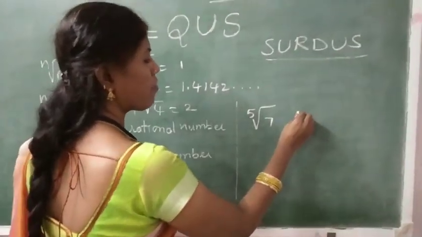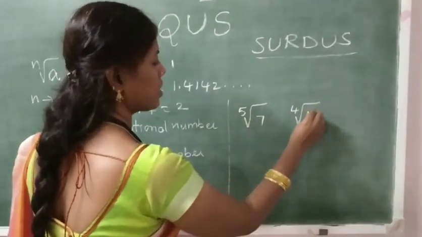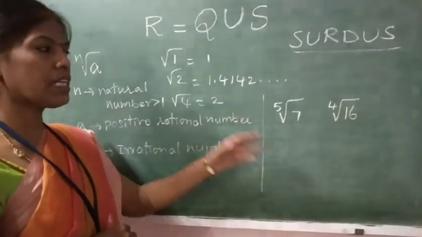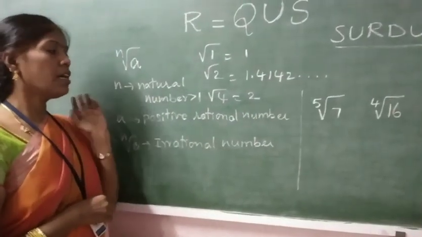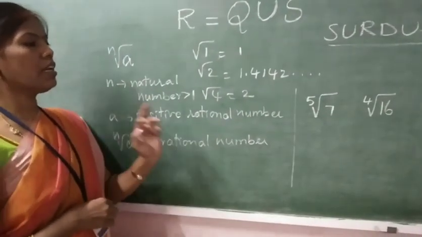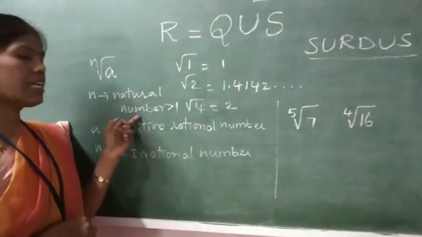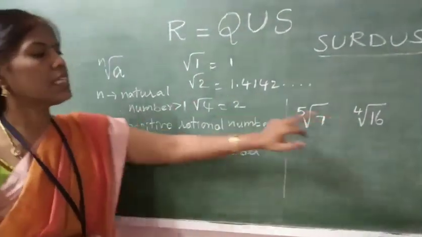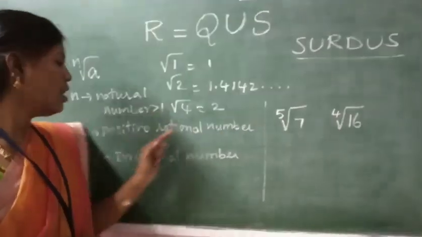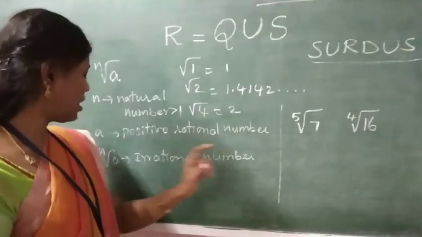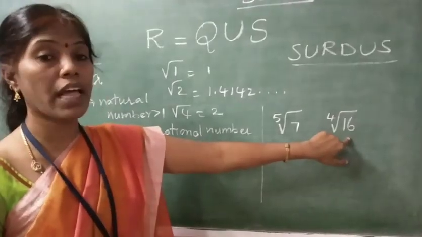Now let us take, for example, fourth root 16. Can we call it a surd or not? Once again we come to the conditions. Here 4 is a natural number greater than 1, and 16 is a positive rational number. But as I said, A should not be an nth power.